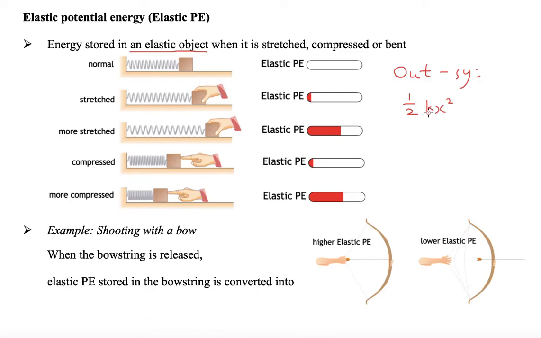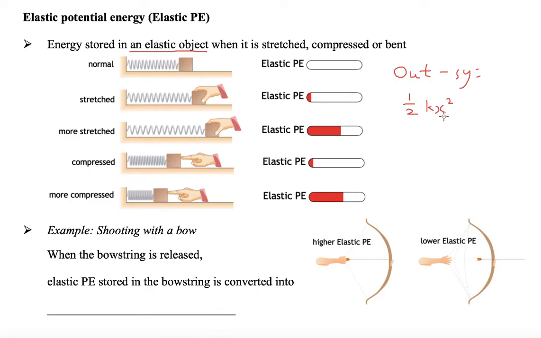The k here is a constant, the spring constant for that spring. So if we are using the same spring, then the spring constant is the same. But x is the distance of stretching or compressing the spring.